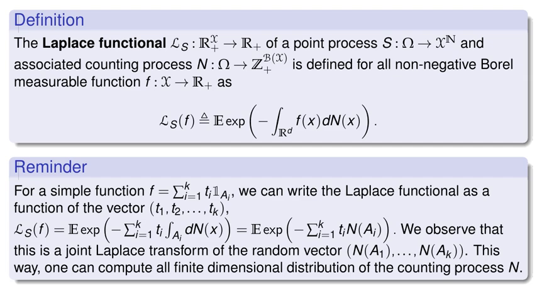In this case, script L sub S of f becomes the expectation of e to the power of minus the sum from i equals 1 to k of t_i times the integral over A_i of dN of x. This simplifies to the expectation of e to the power of minus the sum from i equals 1 to k of t_i times N of A_i. We can observe that this is in fact the joint Laplace transform of the random vector N of A1 and so on till N of Ak. In this way, one can compute all finite dimensional distributions of the counting process N.